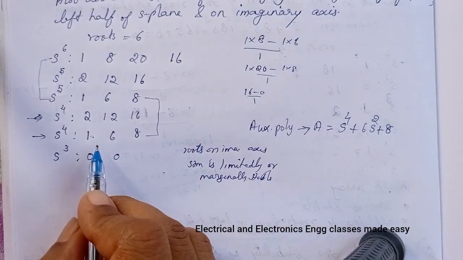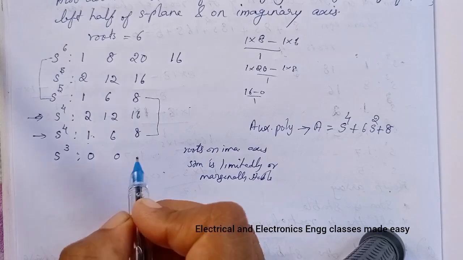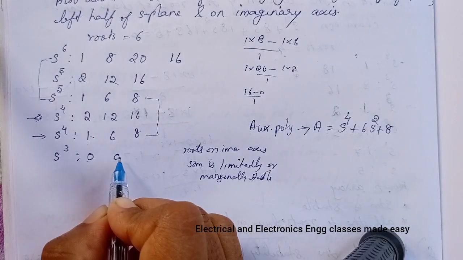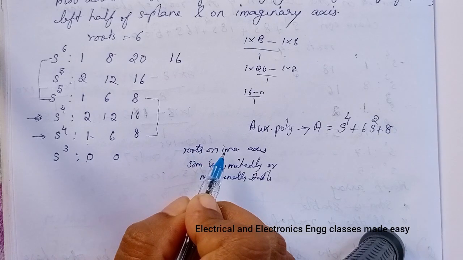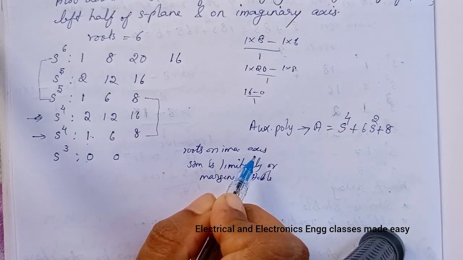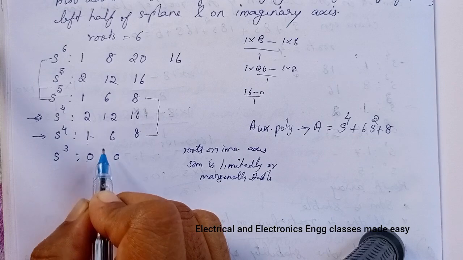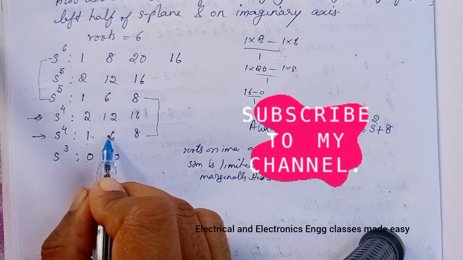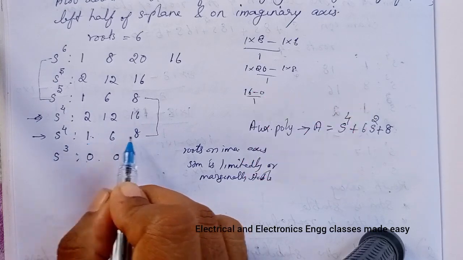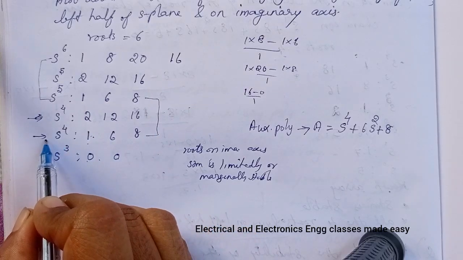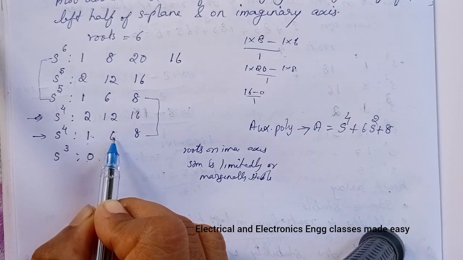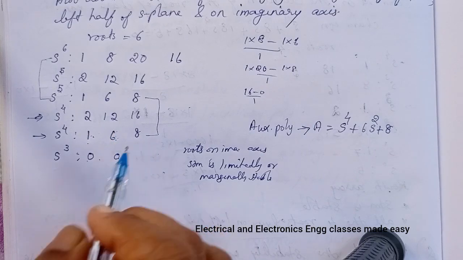So this is the auxiliary polynomial. The row with all zeros indicates that there are roots on the imaginary axis, and the row above this all zero row gives the auxiliary polynomial. So we get s raised to 4 plus 6s square plus 8.